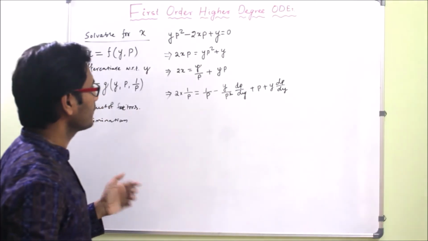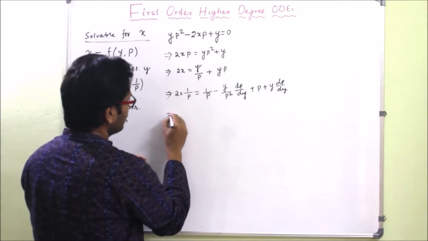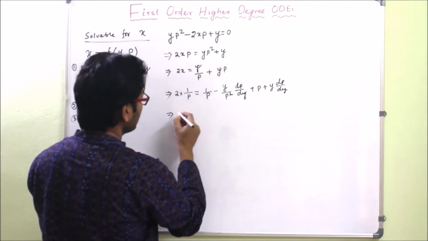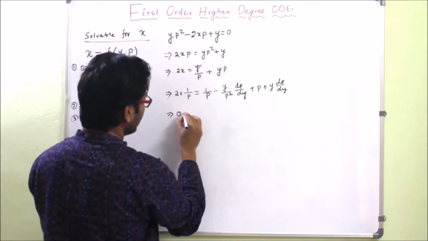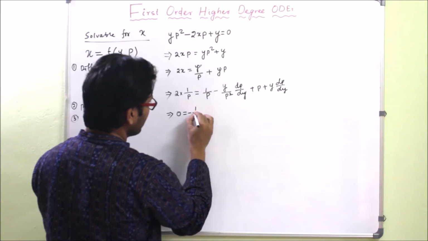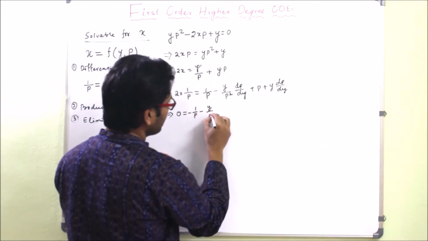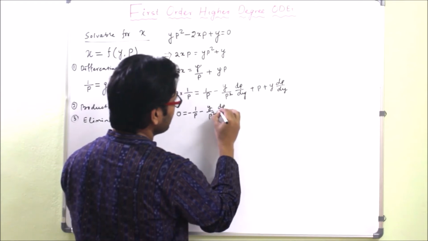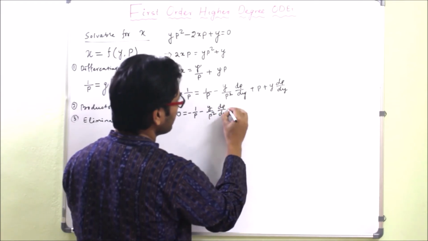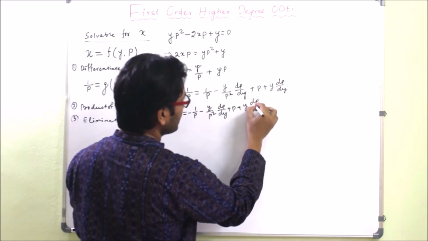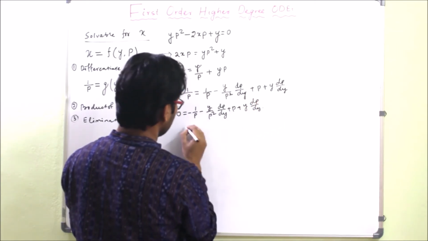Now we have 2 by p on the left and 1 by p on the right, so we can write 0 equal to minus 1 by p minus y by p square dp by dy plus p plus y dp by dy.